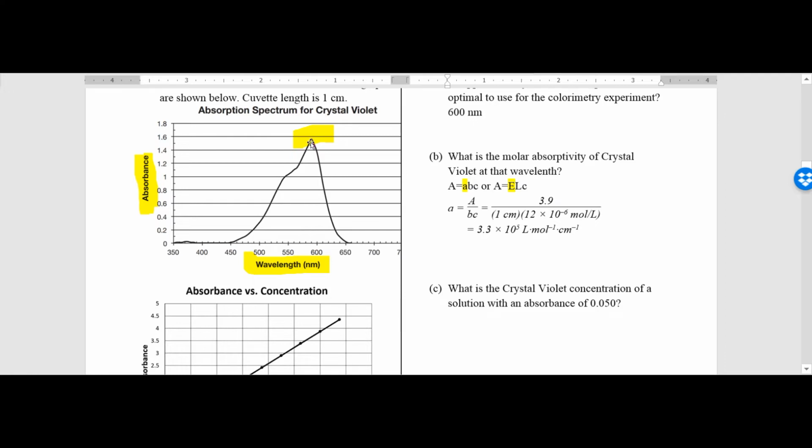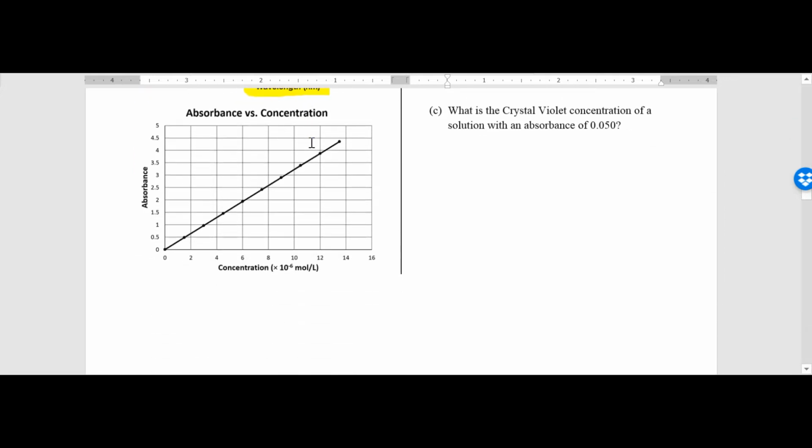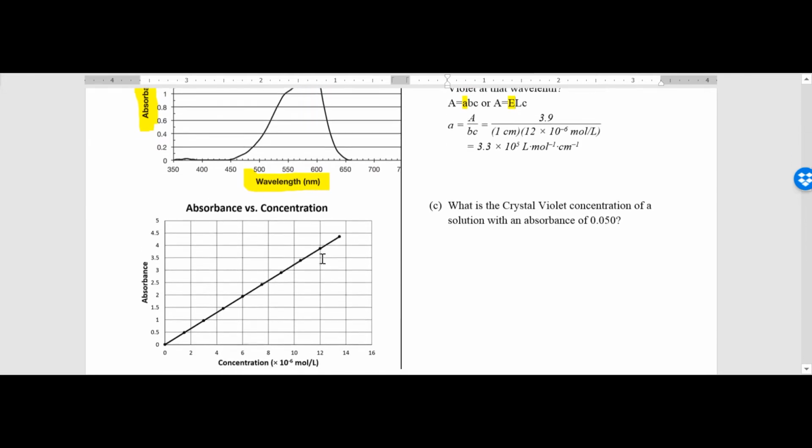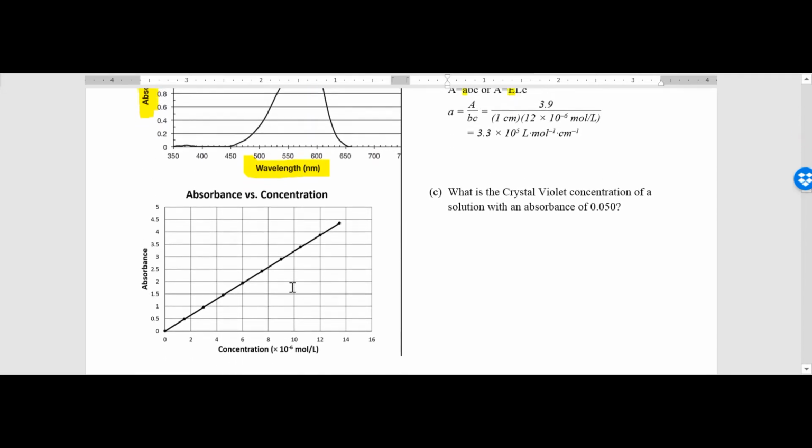So you did a whole bunch of different concentrations of this crystal violet solution, recorded the absorbance for those different concentrations at that same wavelength, and then created a graph, absorbance versus concentration. You guys did the exact same thing in your Google Sheets. We're just going to choose a random data point right here. In my example, I chose 3.9 for the absorbance, which is approximately here.